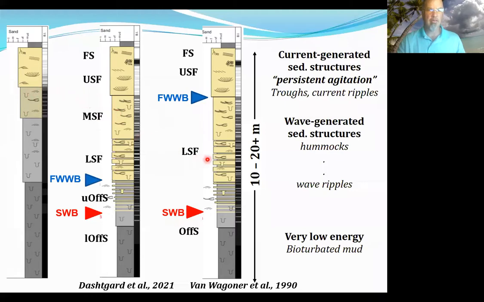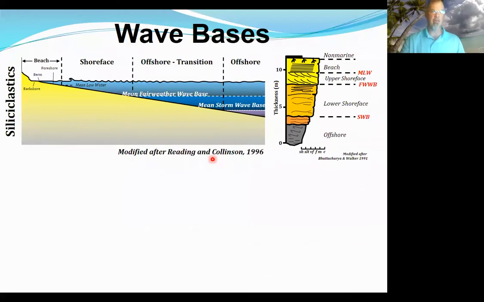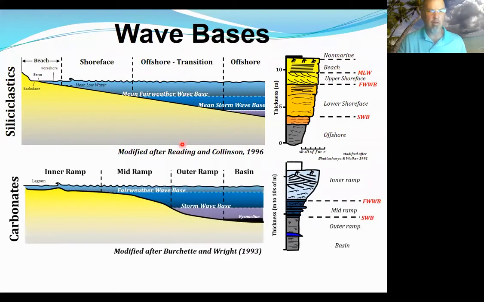It hasn't stopped folks. If you look at any sedimentologic and stratigraphic textbook, you'll see things which look like this. For siliciclastic shelves, here's a homoclinally dipping shelf, storm wave base, fair weather wave base, and the stratigraphic interpretation of those, like we saw on the last slide. This is true for siliciclastic shelves, but the carbonate folks, not wanting to be outdone, have said we can do that too.